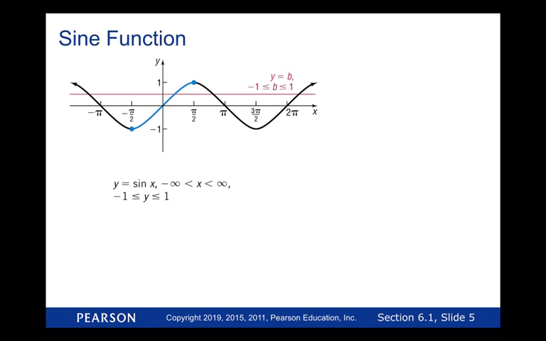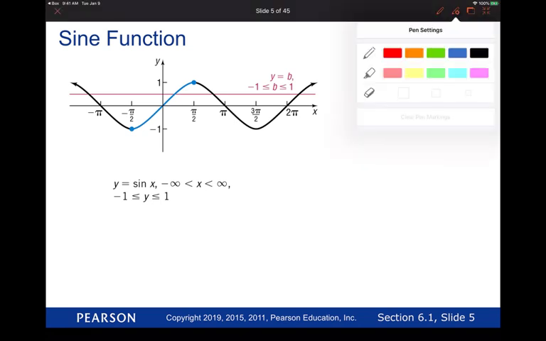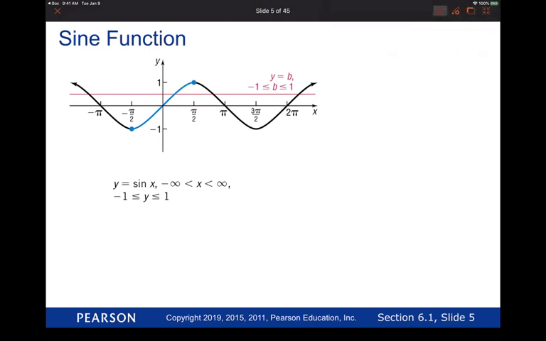So if that's the restriction on f, when we consider f inverse, let's do a quick annotation right here. When we consider sine, for the domain, we're going to restrict that from negative 90 degrees to 90.